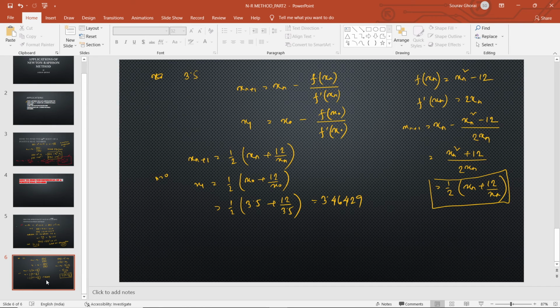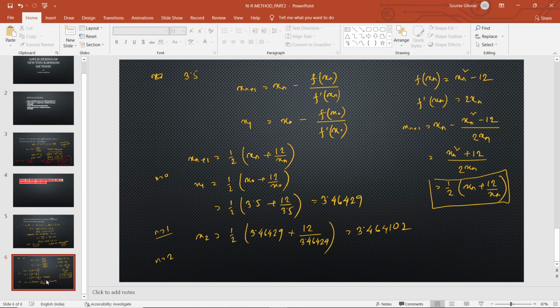Similarly, if we put n equal to 1, we get half of 3.46429 plus 12 by 3.46429, and if we simplify we will get 3.46.